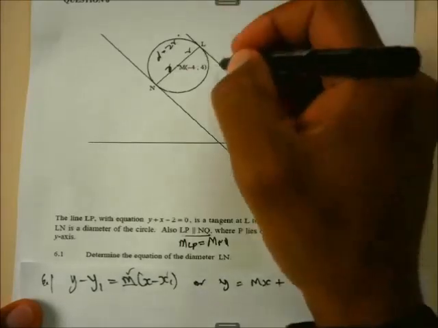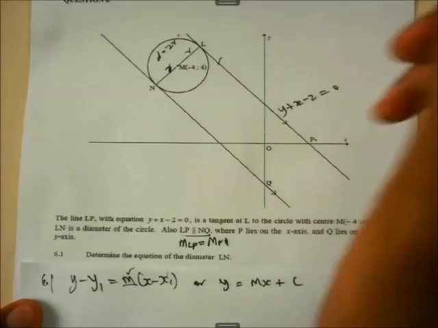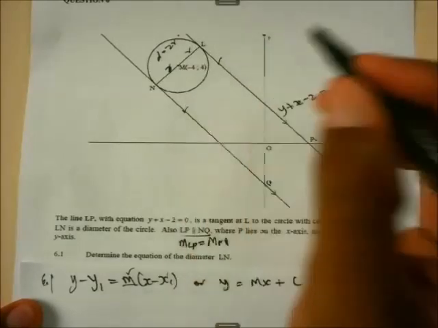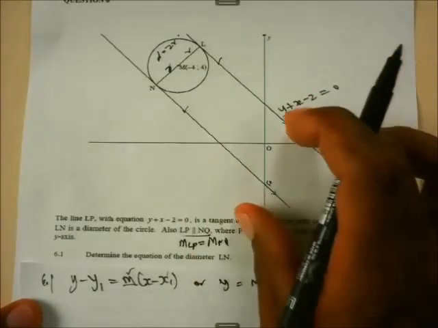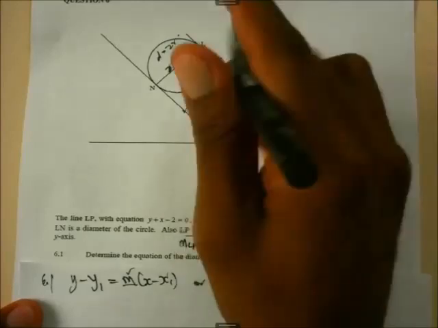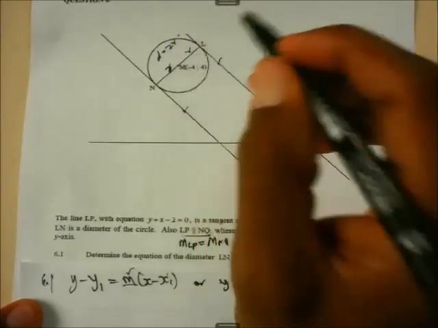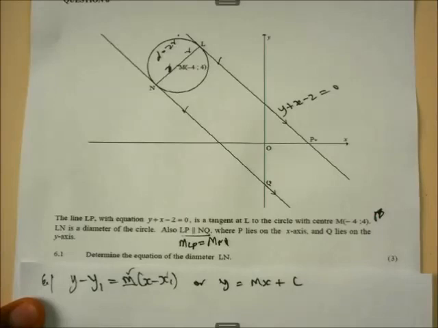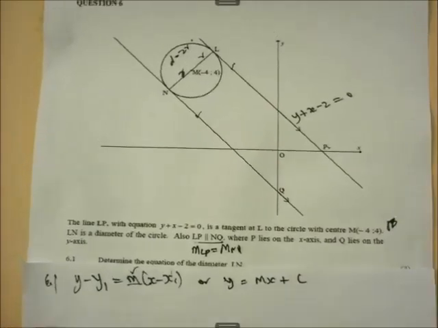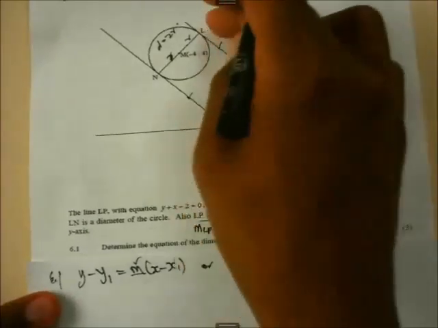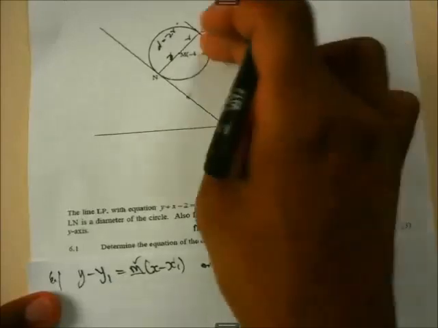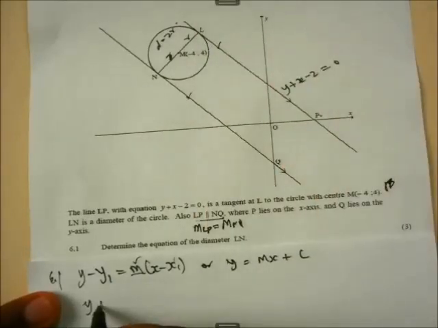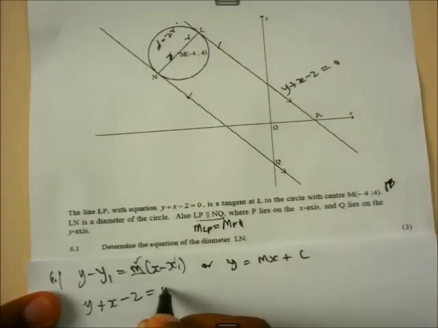We have the tangent on this side, LP, and also the tangent on this side, NQ. Why the tangent? Because we know that they are perpendicular to the radius. Now, we have the equation of the tangent LP, which is y plus x minus 2 equals 0.